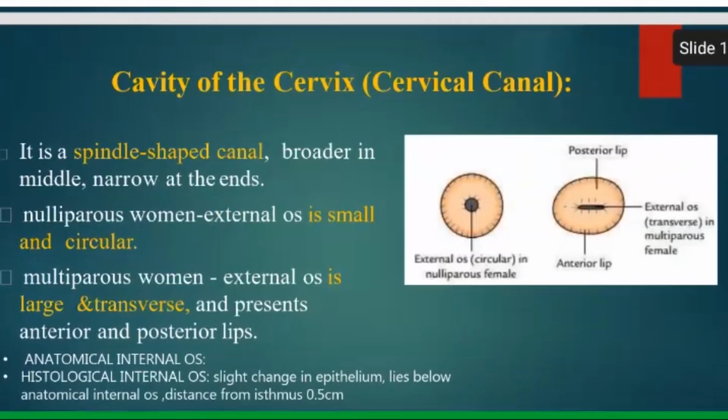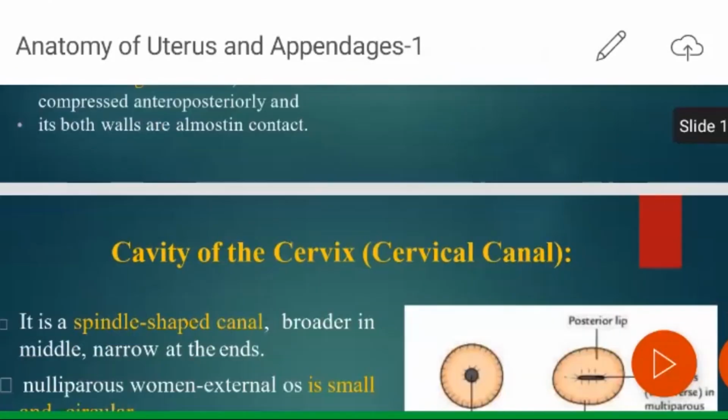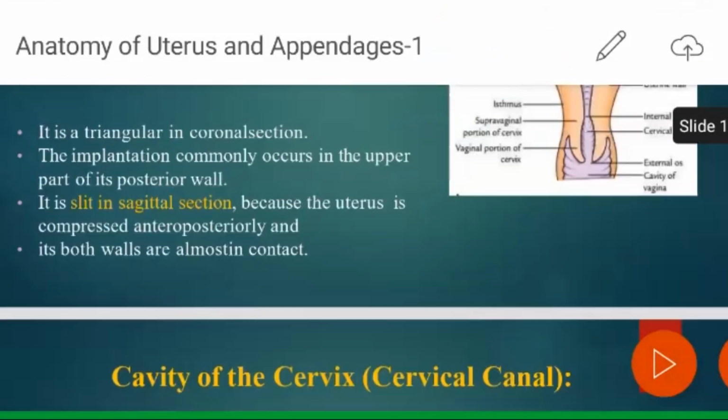This is about the cavity of the cervix, and the cavity of the uterus is a different point. Now about the ligaments. We discussed ligaments earlier also in short; hope you recall it.